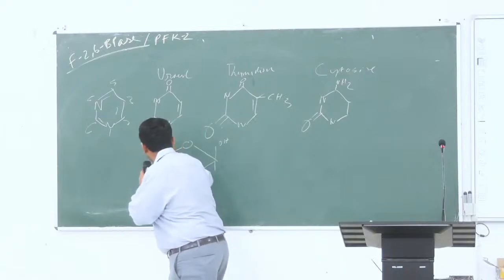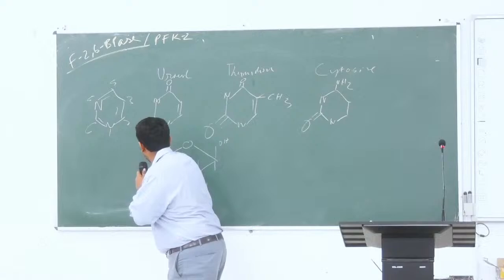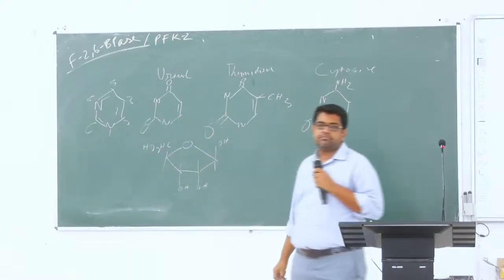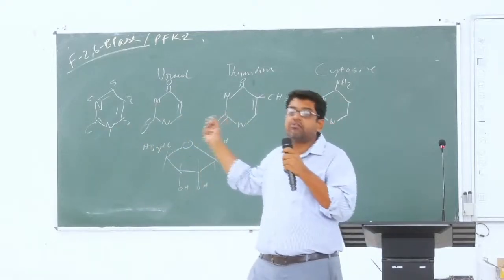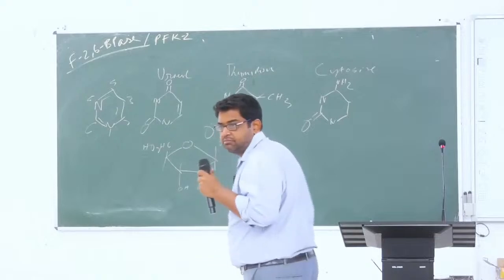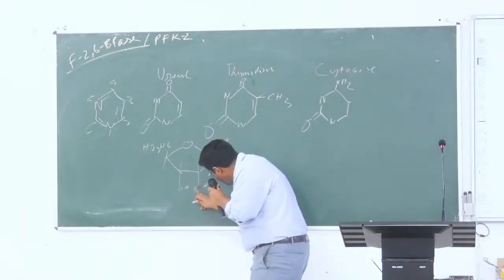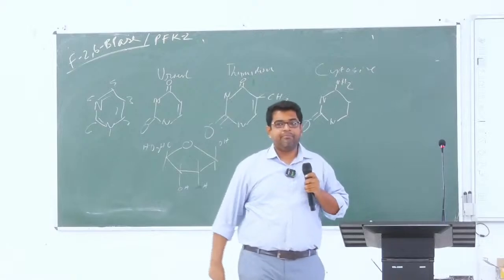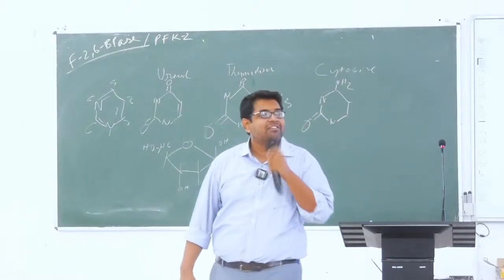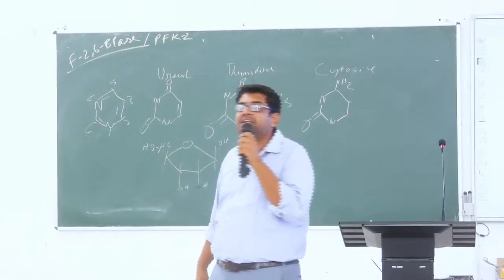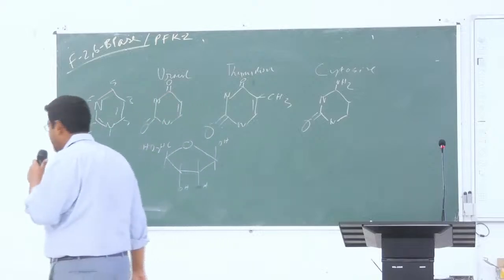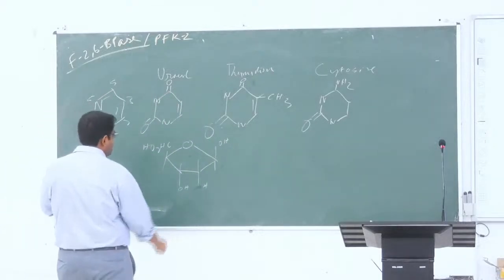Very good. So this is your ribose. Now if you remove this OH from here, it becomes deoxyribose. Okay? And you number it like this.